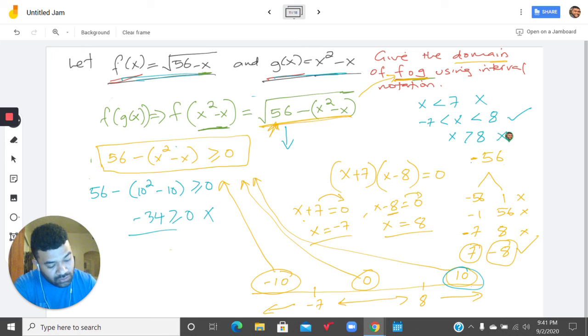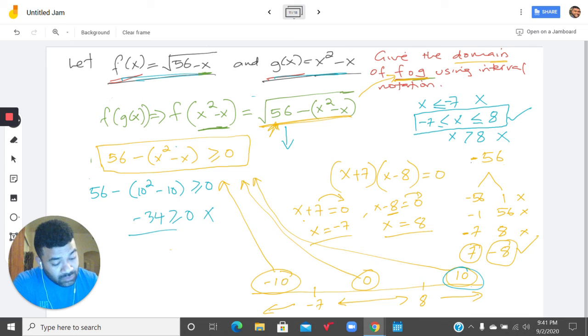So the only true value that we found is just between negative 7 and 8. So it's greater than negative 7 and less than 8. So since it's an inequality with a greater than or equal to sign involved, x less than or equal to negative 7 is false. x greater than or equal to negative 7 and less than or equal to 8 is true.